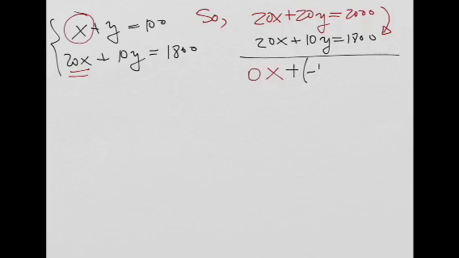That's negative 10y. Yeah, and then 1800 minus 2000, right? That's negative 200. Yeah.